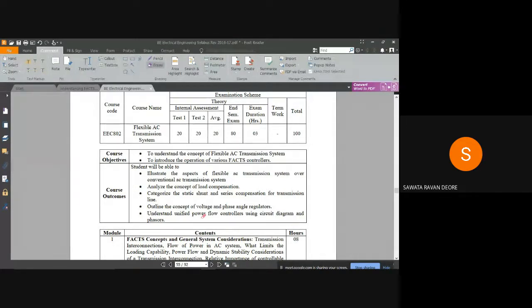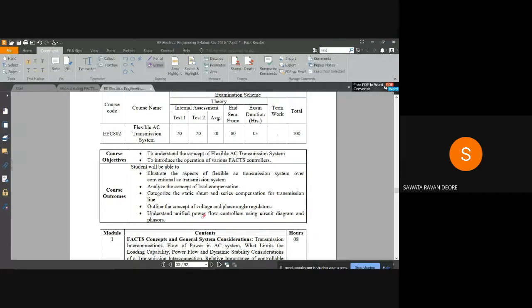Module 5 describes the fundamental concepts of voltage and its angle, called the phase angle: how voltage and phase angle can be regulated by means of tap changing transformers, or alternate based phase controllers.